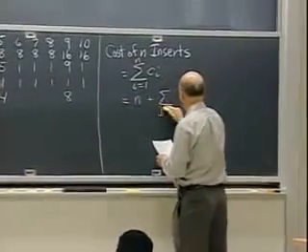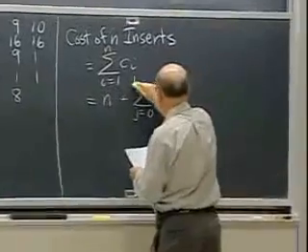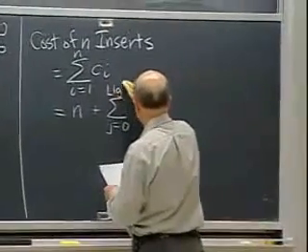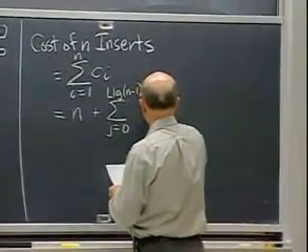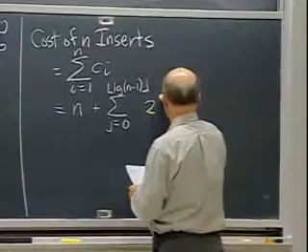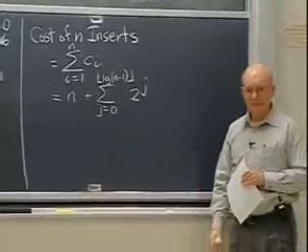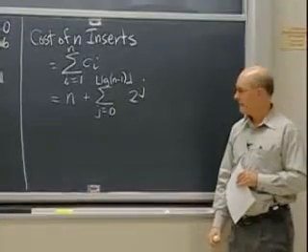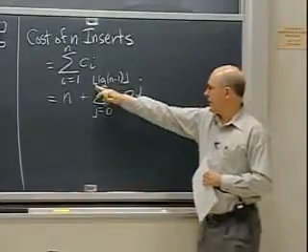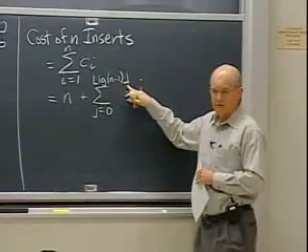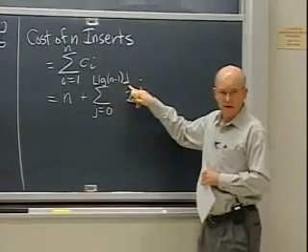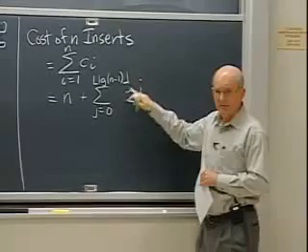So if I do my algebra properly, that's up to the floor of log of n minus 1 of 2 to the j. So I'm just adding up all the powers of 2 that aren't going to exceed my n.